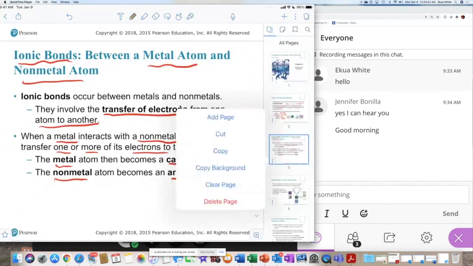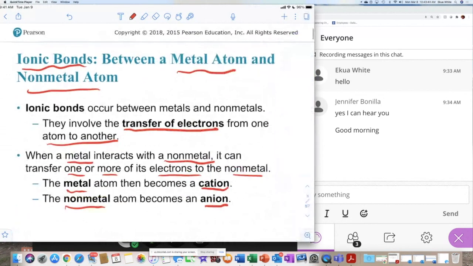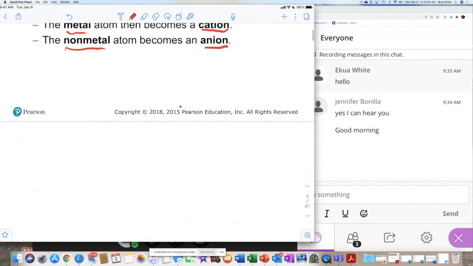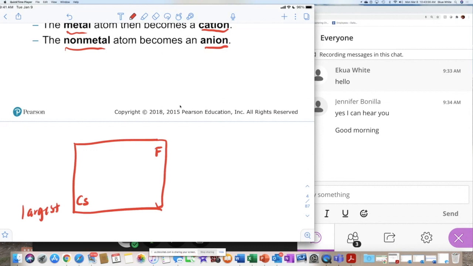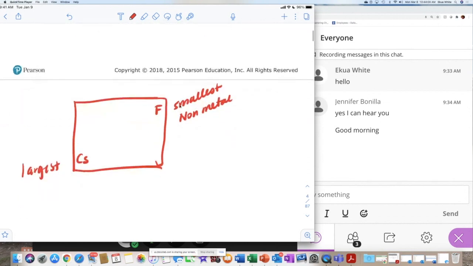So let's talk about size, because as we're looking at this, remember how we said in the periodic table, top right was fluorine, bottom was, let's go with cesium, because cesium is the largest. This is the largest, and this is the smallest. We said fluorine was a nonmetal, and then we said cesium was a metal.